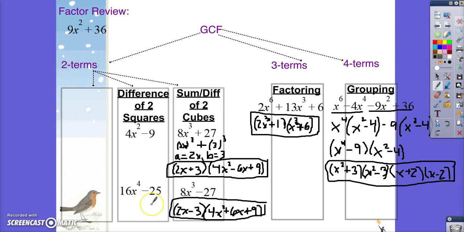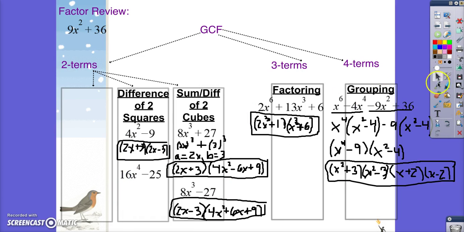This one would be what? A difference of 2 4th powers, I guess you would say. Anyway, that would mean 2x plus 3, and then 2x minus 3. And that would be your answer. Same idea with this one, but be careful, it's an x to the 4th and not x squared.